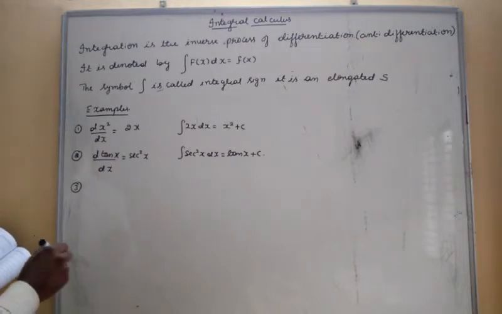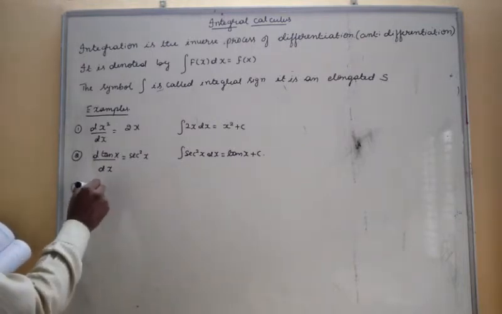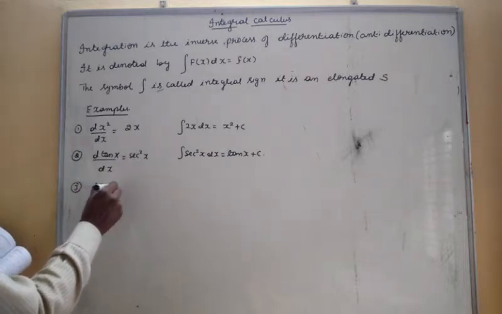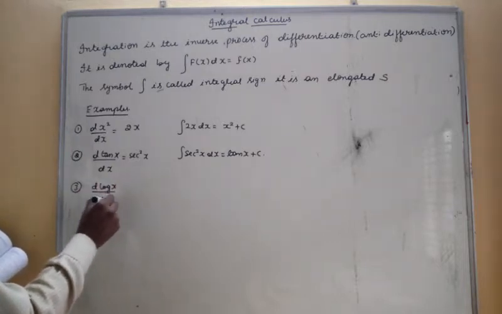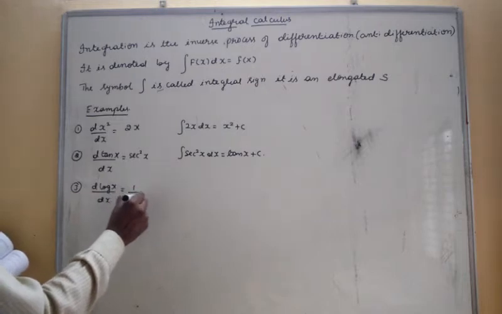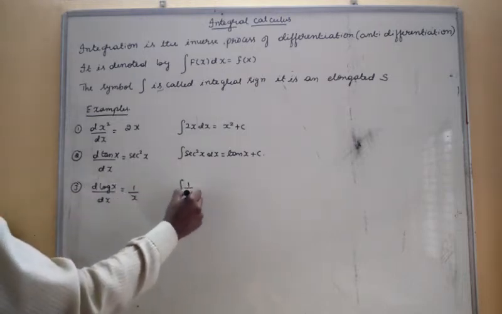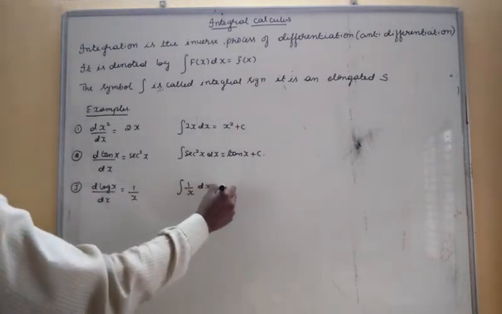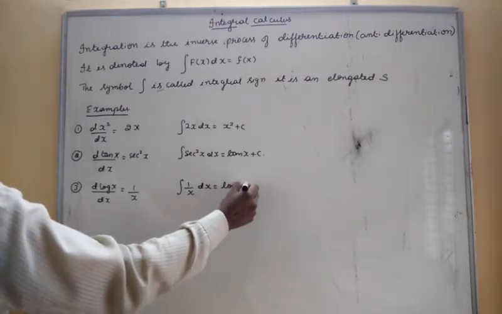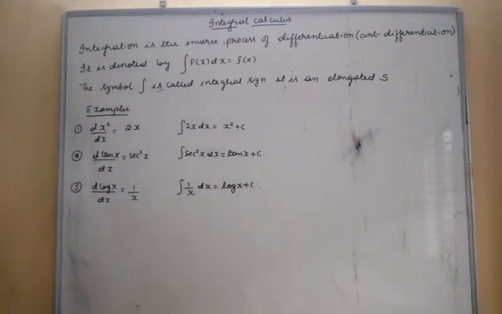Then differentiation of log x. Log x differentiation is 1 by x. Then 1 by x integration is log x plus c. Okay, so these are the examples we have taken to know the integration.